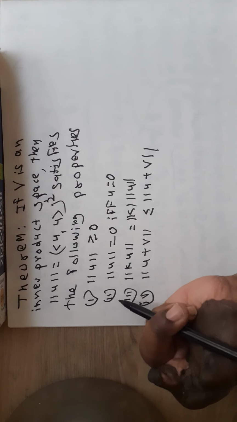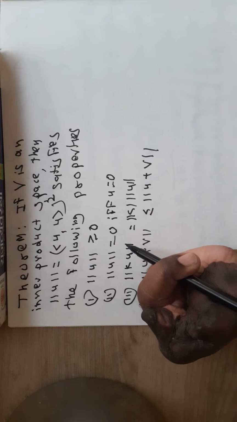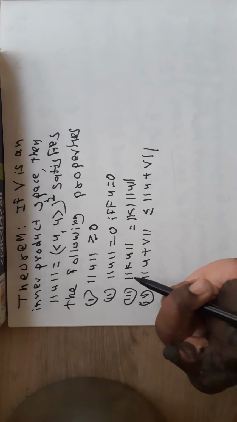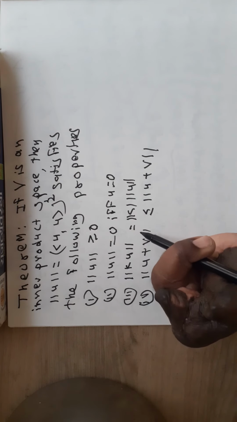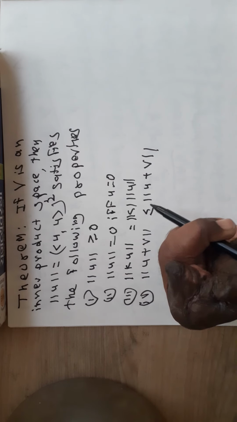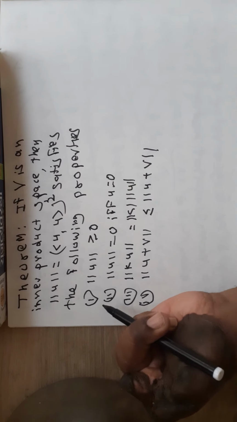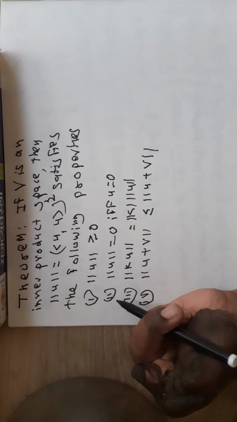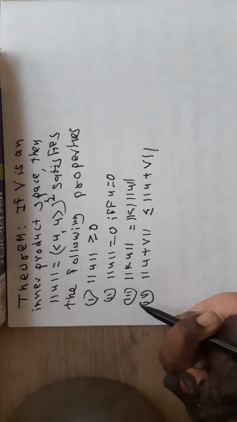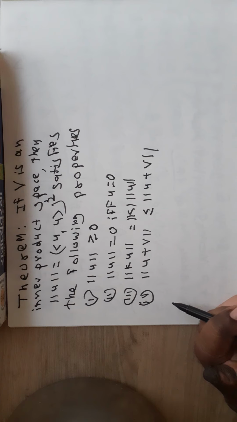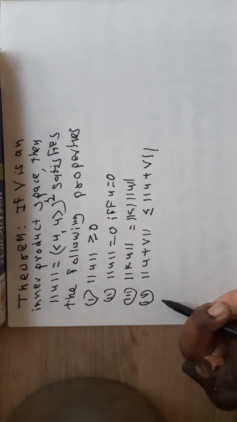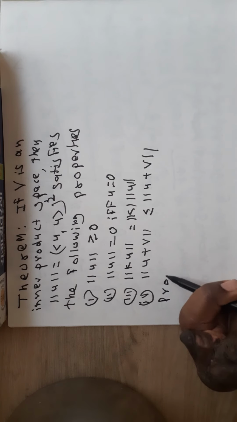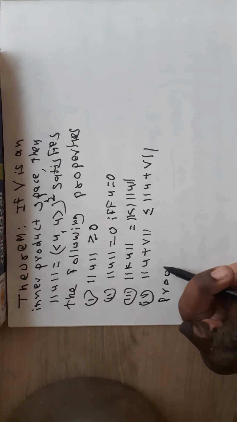Number 2, the norm of u is equal to 0 if and only if u is equal to 0. Number 3, the norm of ku is equal to the modulus of k times the norm of u. Now we will prove the first and fourth properties, and the remaining two properties are left as an exercise.